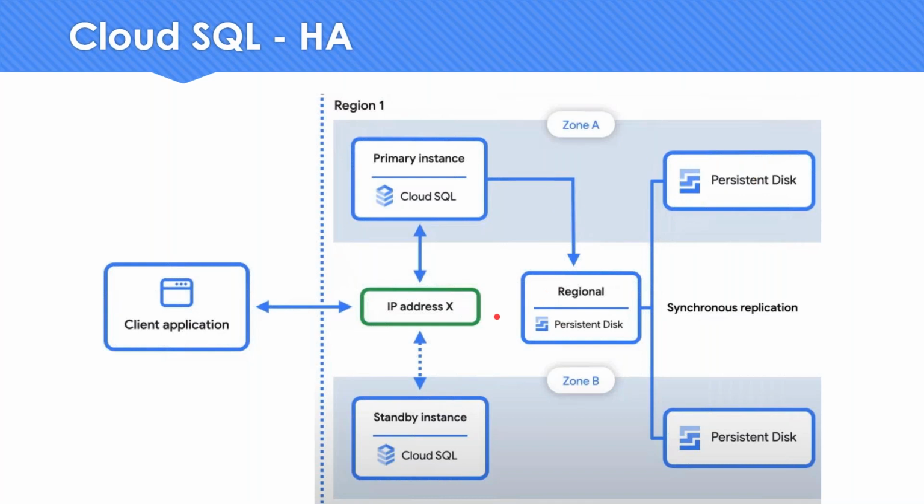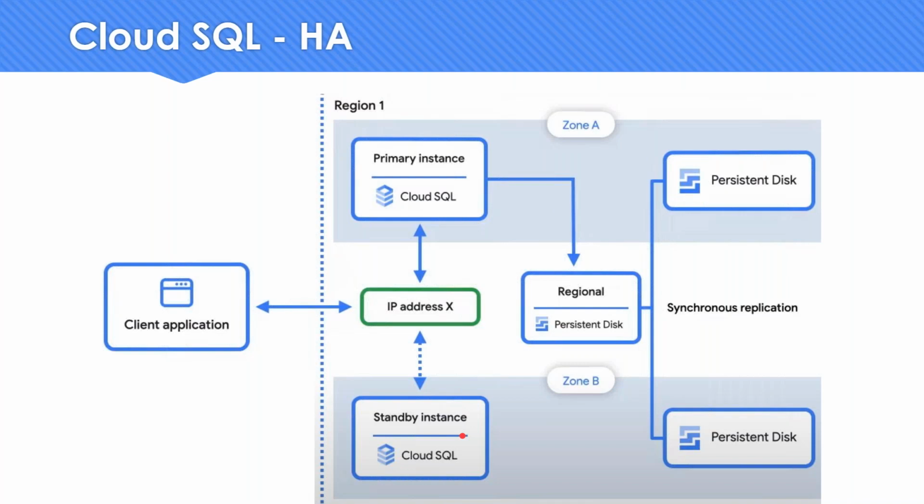When a failover happens, the client should not have any issues. So if your IP address is x.y.z.a, the client will not have any issues. What happens during the failover? The public IP address and the private IP address of your primary instance are assigned to your standby instance.